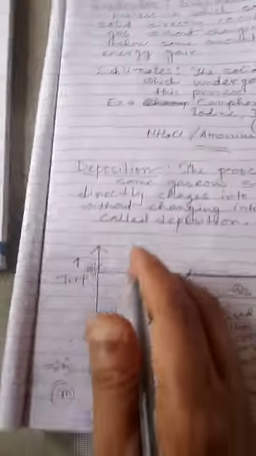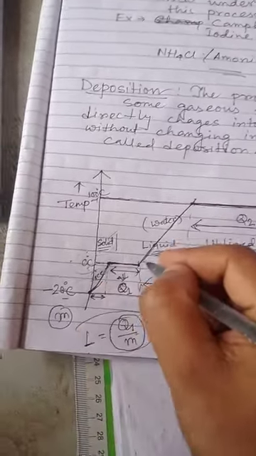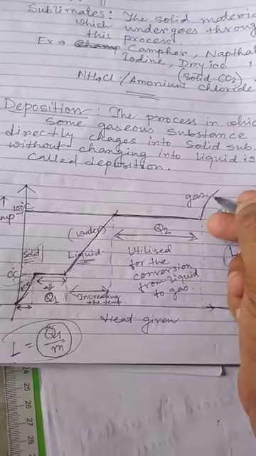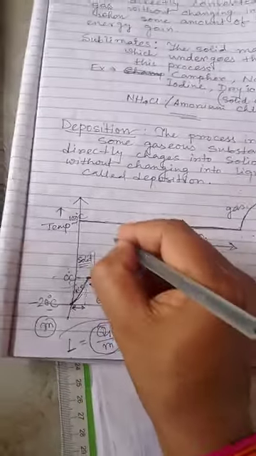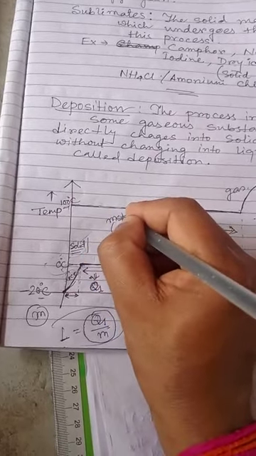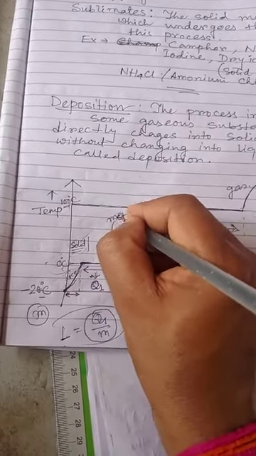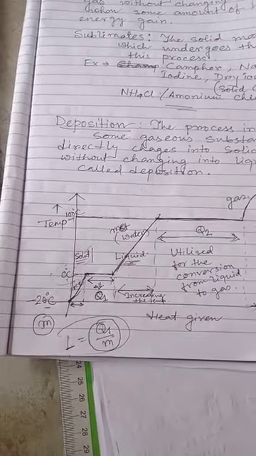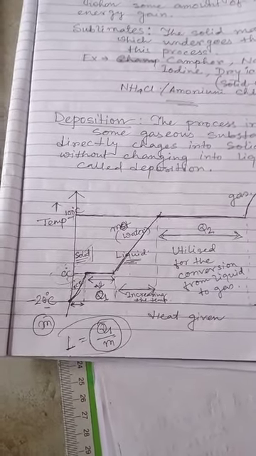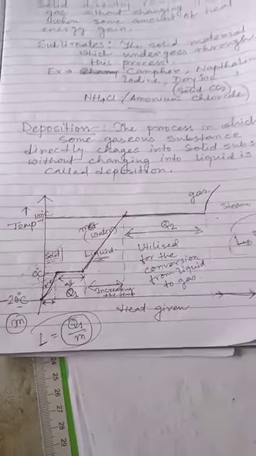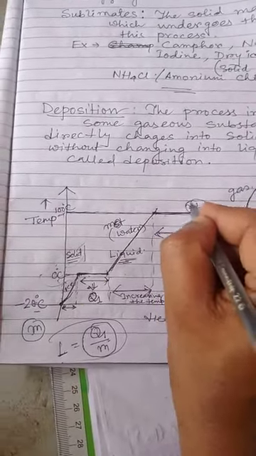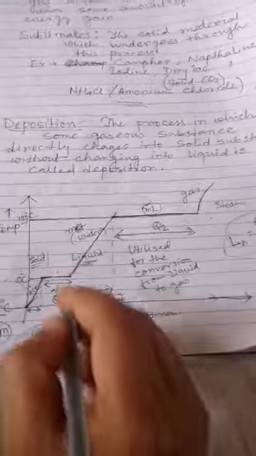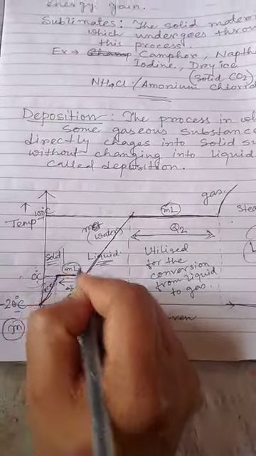So this process happens, and here this process only increases the temperature, and here we use the formula MST, where S is the specific heat capacity, M is the mass of the substance and T is the temperature change. But here and here we use the formula ML, where M is the mass of the substance and L is the latent heat of the substance.